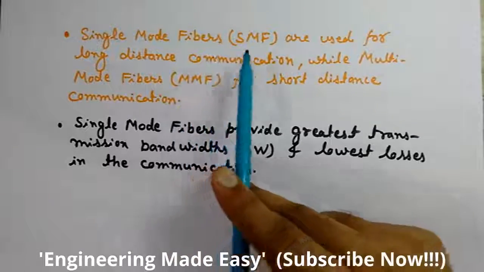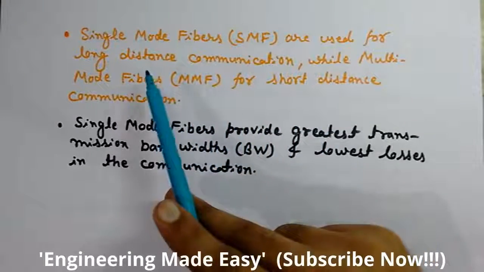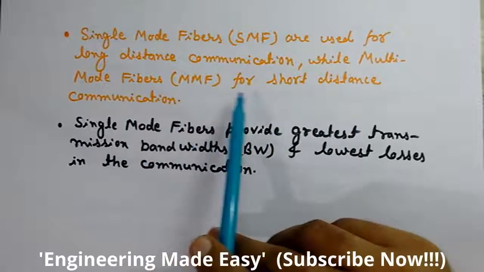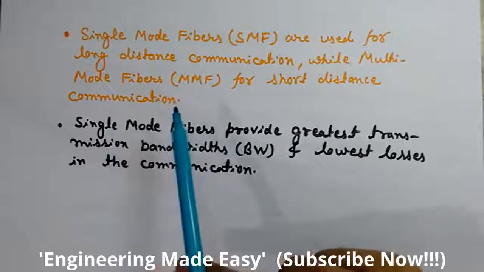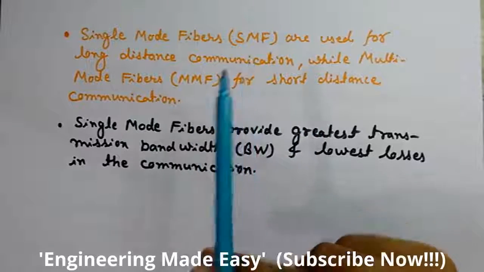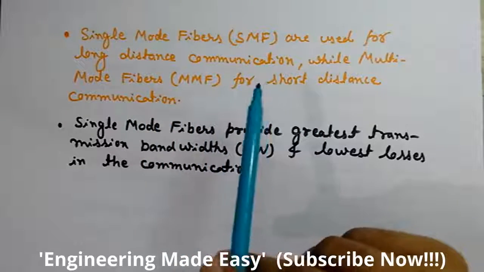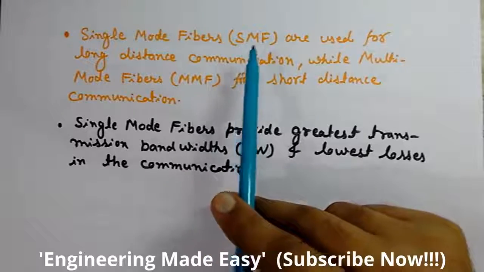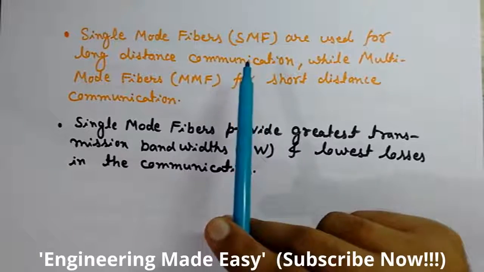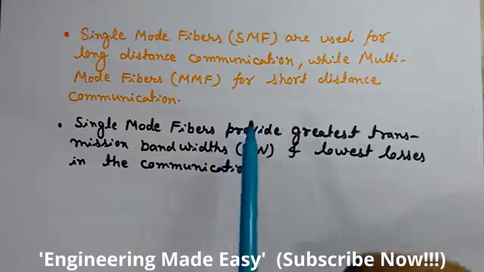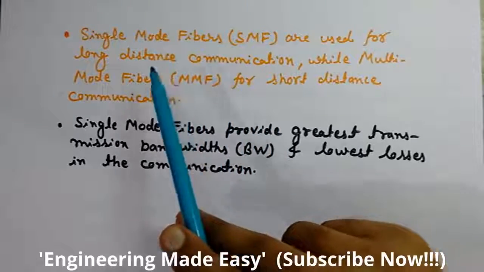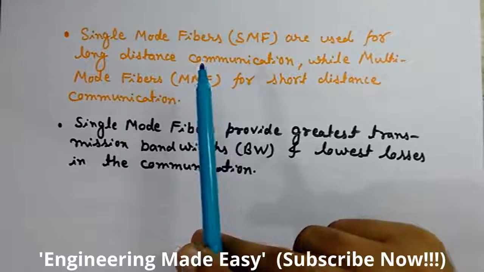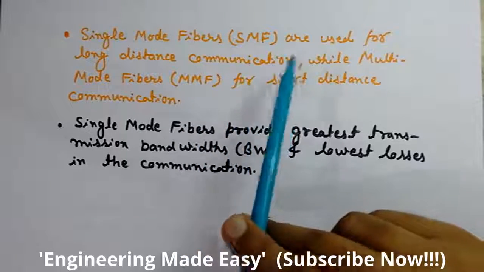Single mode fibers, SMF, are used for long distance communication, while multi-mode fibers are used for short distance communication. Losses are very small in single mode fibers, because there is less dispersion and no interference. There is no intermodal dispersion.